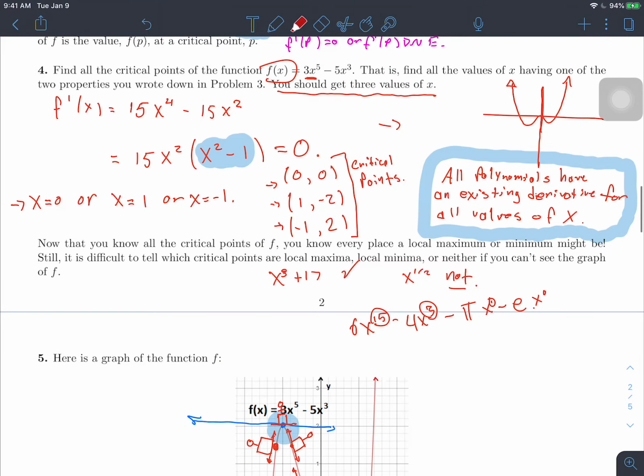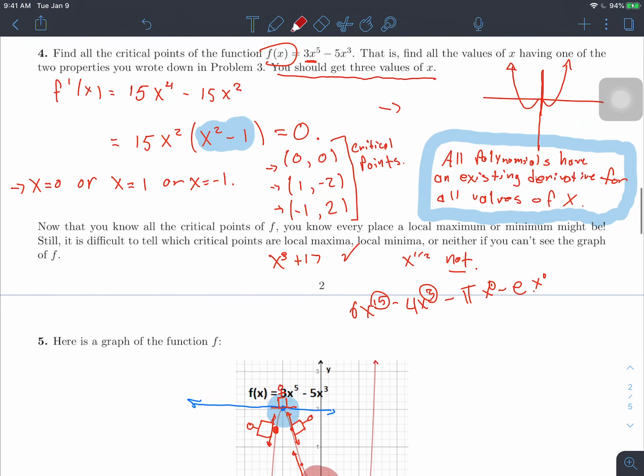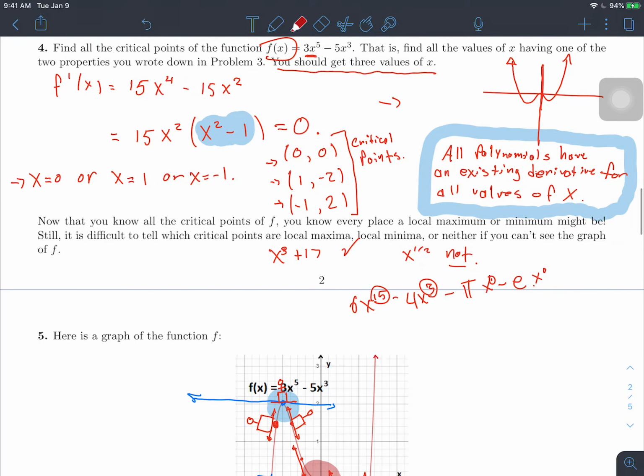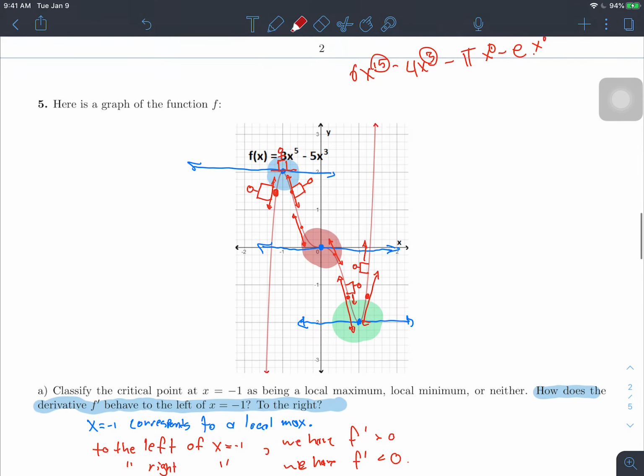So what we were starting to build out was this process of identifying all of the mins and maxes of a function by first identifying every critical point and then classifying each critical point as a maximum, a minimum, or neither of those two things.